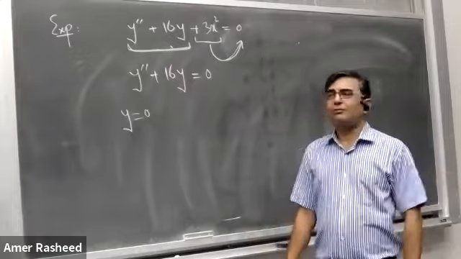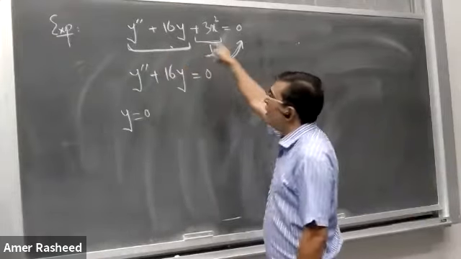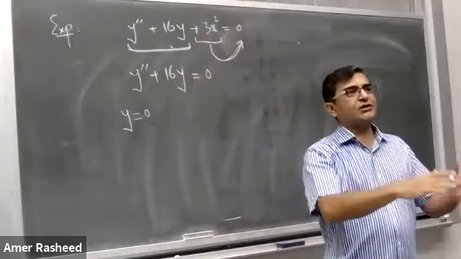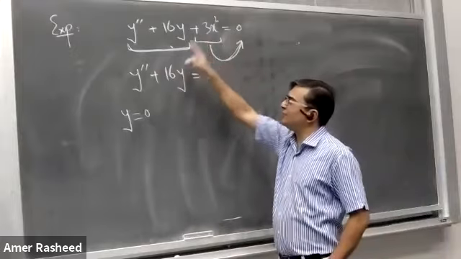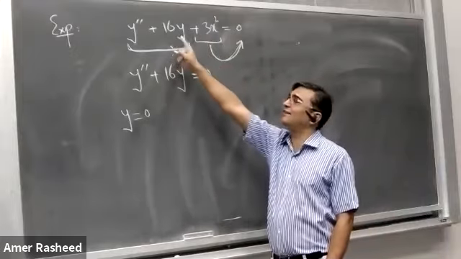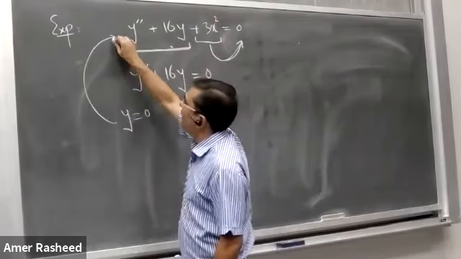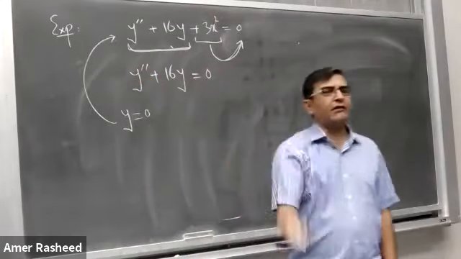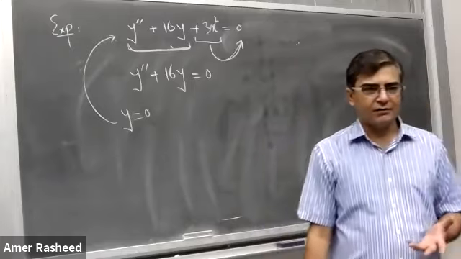We get 0 is equal to 0. But if you put y is equal to 0 in this equation, you will not get 0 is equal to 0. It is not homogeneous because the trivial solution doesn't satisfy this differential equation. If a trivial solution satisfies any given differential equation, then that differential equation is homogeneous.